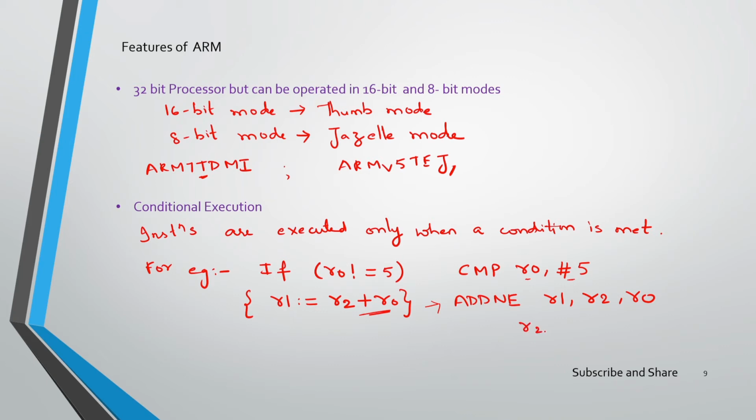The contents of R2 will be added with the contents of R0 and the result will be placed in the R1 register. This is conditional execution, and this feature is going to maximize the execution throughput.